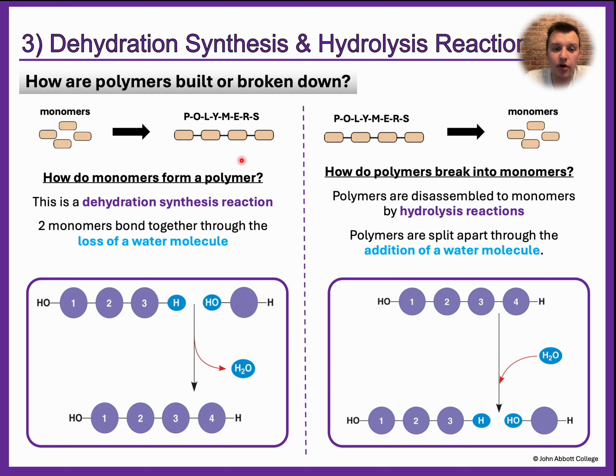So this is how polymers are built, through dehydration, synthesis reactions. And this is how we break them down, through a hydrolysis reaction. We introduce water so that I could split the bond apart into 2.